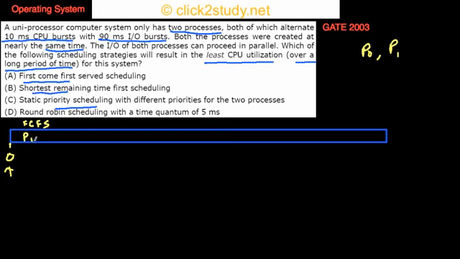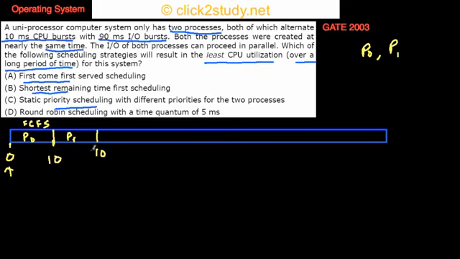So what will happen in first come first serve? Suppose P0 comes first, so for the first 10 milliseconds P0 will run on the CPU, and then it will start its IO. Then the CPU will get P1, and for another 10 milliseconds it will be running.